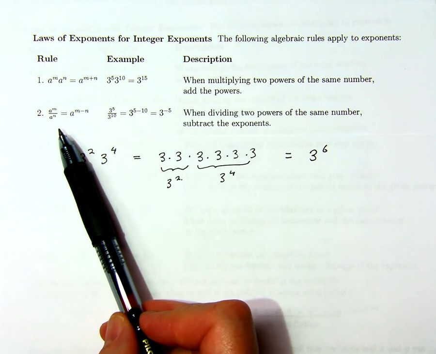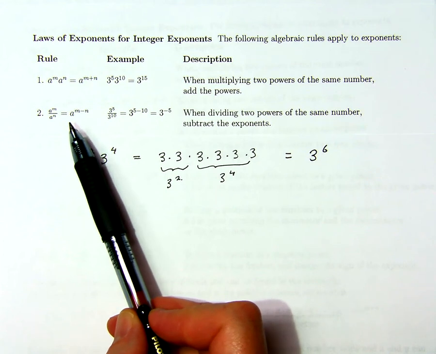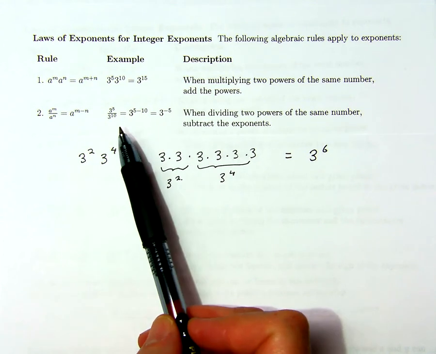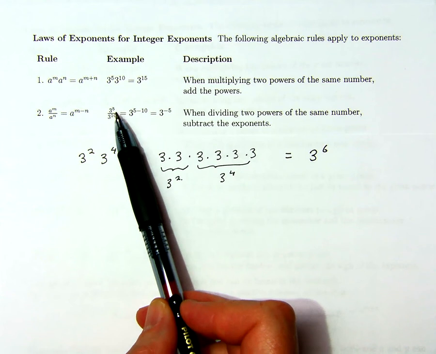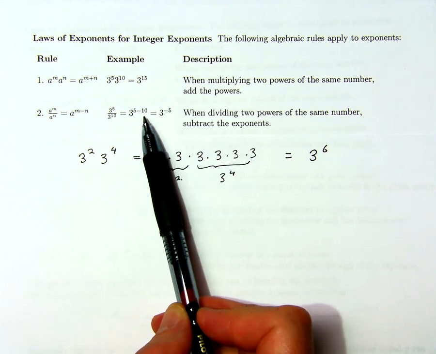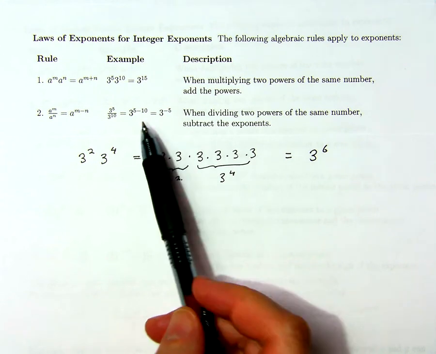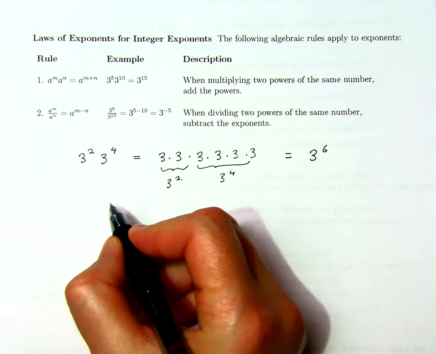You might already call it factoring, and you may not go to the trouble of subtracting exponents here. So for example, 3 to the 5 over 3 to the 10 is 3 to the 5 minus 10, so it's 3 to the negative 5, or 1 over 3 to the 5.